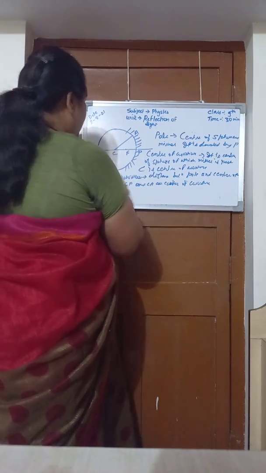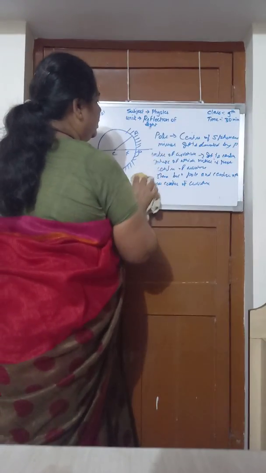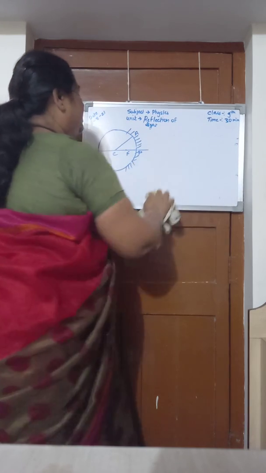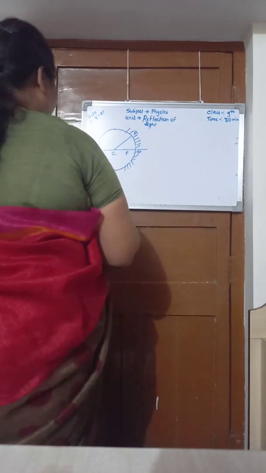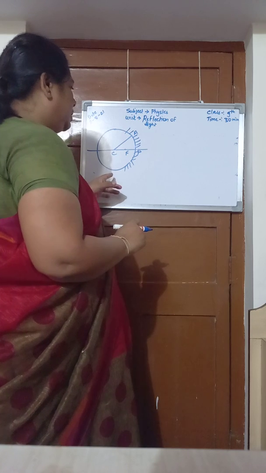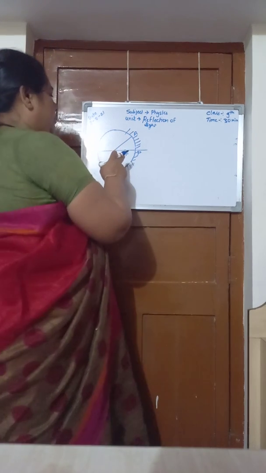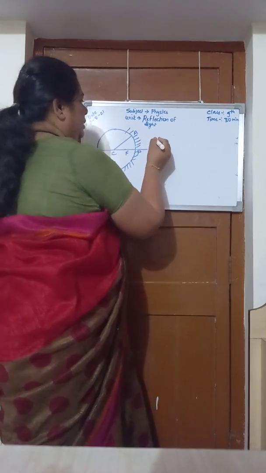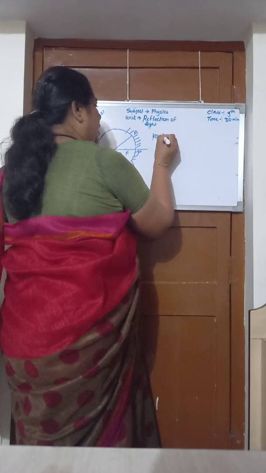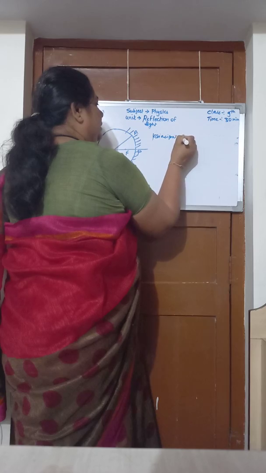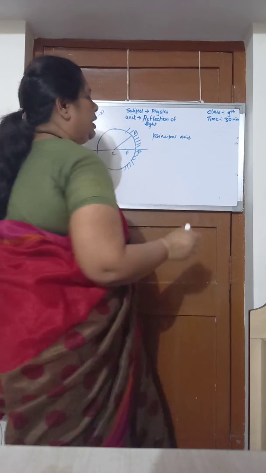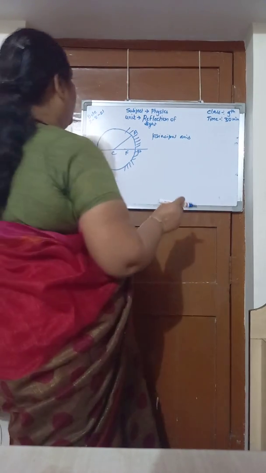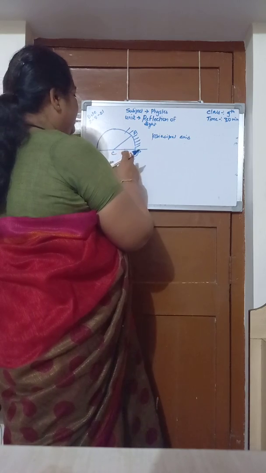Now we will take other terms related to this spherical mirror. We have seen radius of curvature. Now we have to see principal axis. How can we define principal axis?